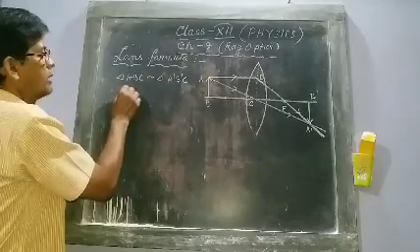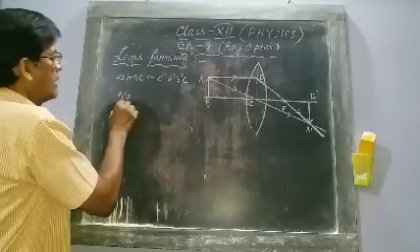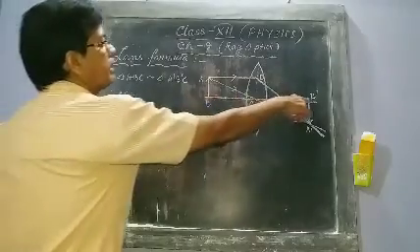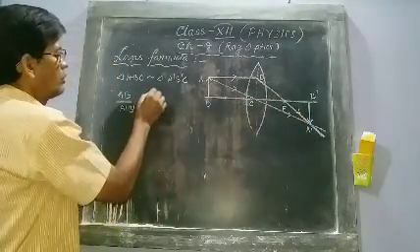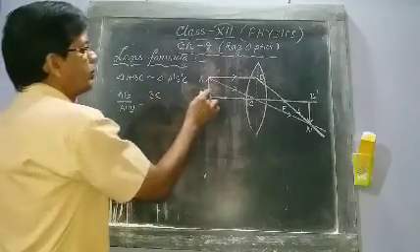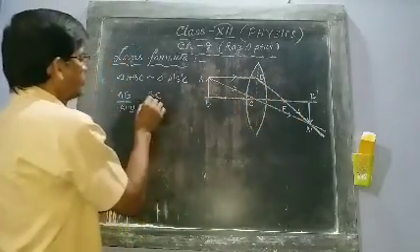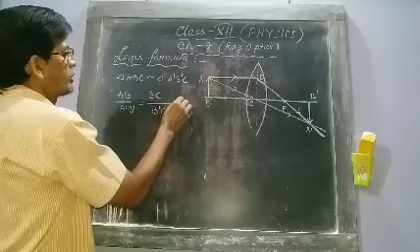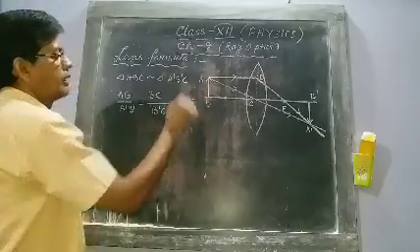So AB by A dash B dash equals BC by B dash C. Equation 1.